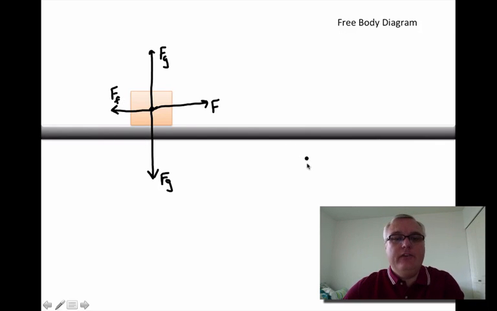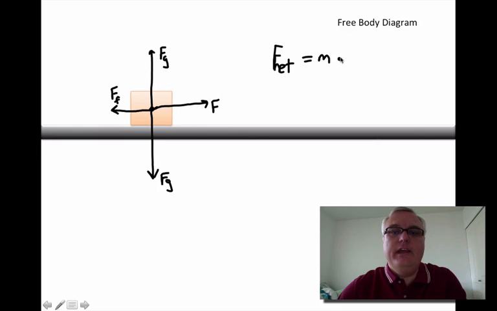And we're going to use our free body diagrams to determine the net force on an object. And we know the net force is going to be equal to the mass times the acceleration of this object. So what we're always interested in is what is the net force in the direction of the acceleration. So you'll need to look at your free body diagram and decide which way this object is going to accelerate.